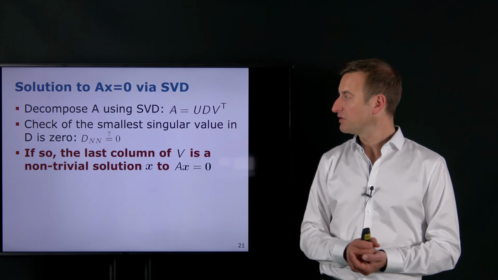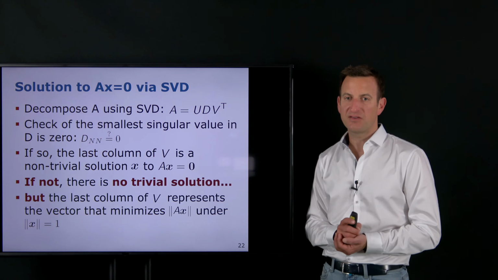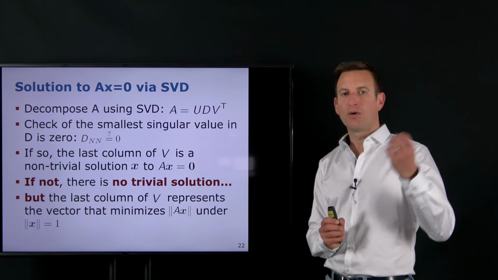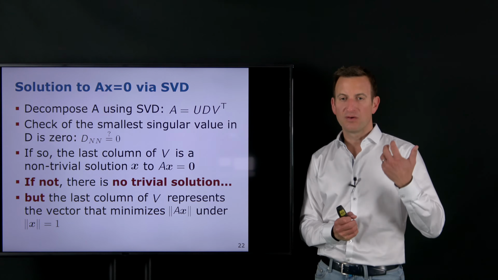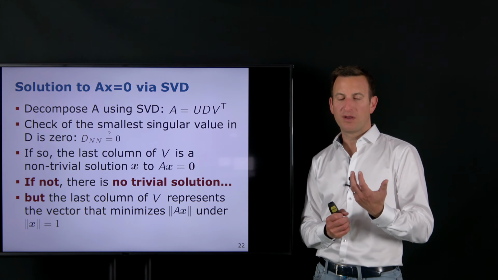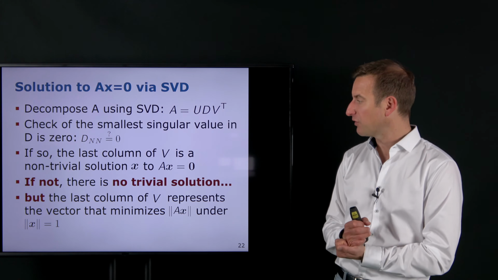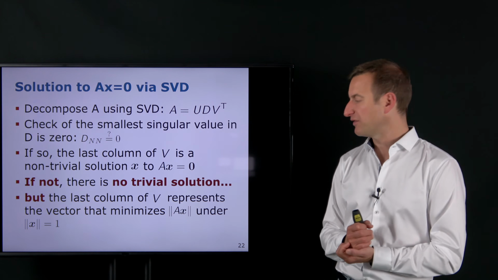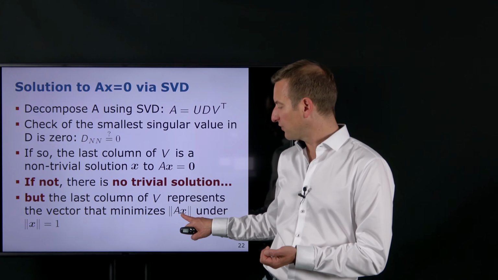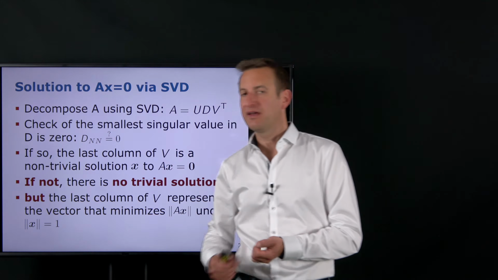Okay? So this is even interesting if you have a singular value which is non-zero. So if D_NN is unequal to 0, even this is an interesting case, because the singular values in this matrix D are ordered according to size. So the singular vector corresponding to the smallest singular value, which is still larger than 0, is the vector that minimizes the norm of AX under the constraint that X has length 1.